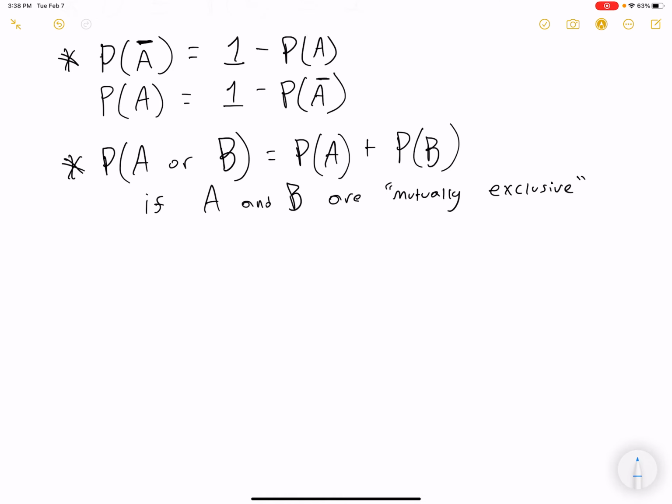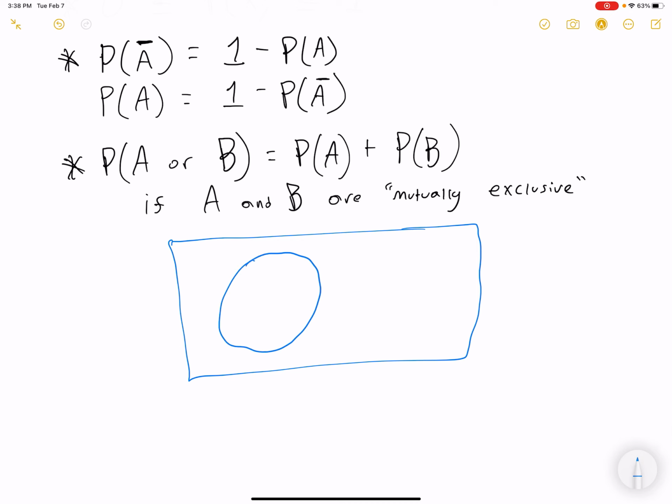The easy way to start intuiting behind these rules is to draw it out. So this rectangle represents the event space. This is all the possible events that can happen. This is A, and that is B. And so the probability of A or B happening is the area of this circle for A plus the area of the circle for B. Does that kind of make sense intuitively?